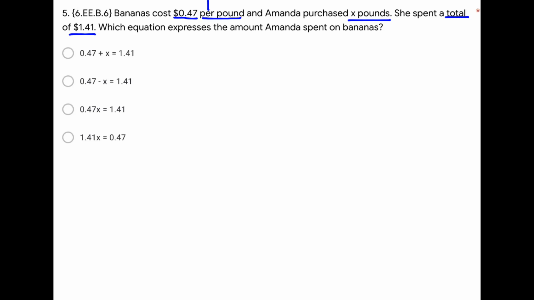So we know that it's 47 cents for 1 pound. She purchased X pounds. And she spent a total that equaled $1.41. So you need to choose which equation represents that situation.